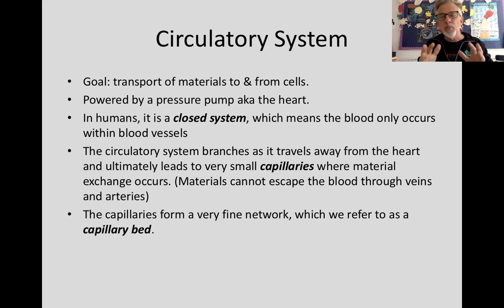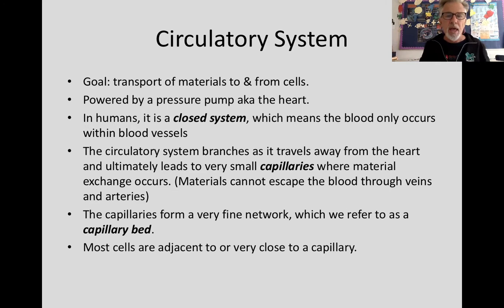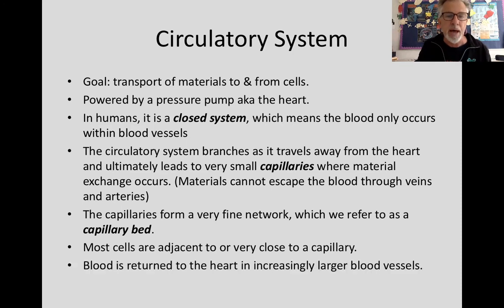The capillaries form a very fine network within tissues, and we refer to those networks as capillary beds or capillary networks. And most cells are adjacent to, or at least very close to, a capillary and therefore are served by it. Blood is then returned to the heart in increasingly large blood vessels, so you go from many small ones to a few large ones returning blood to the heart.